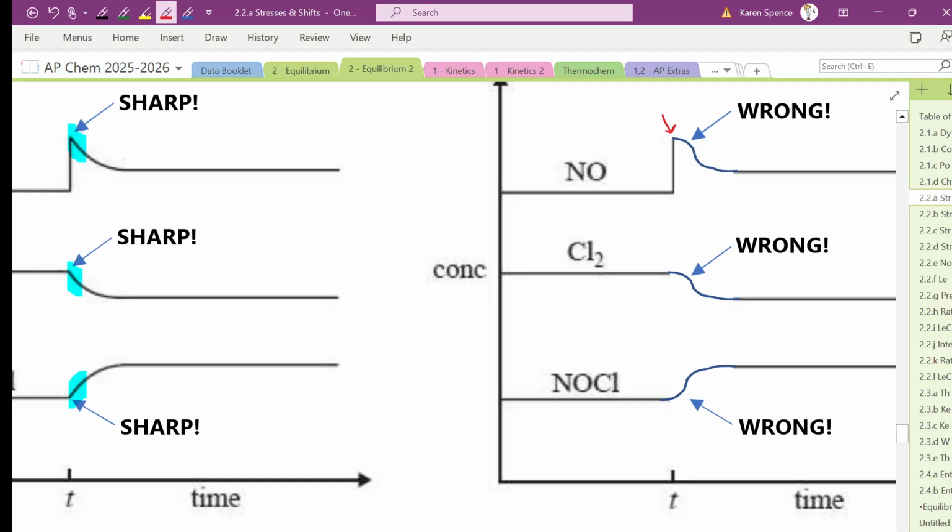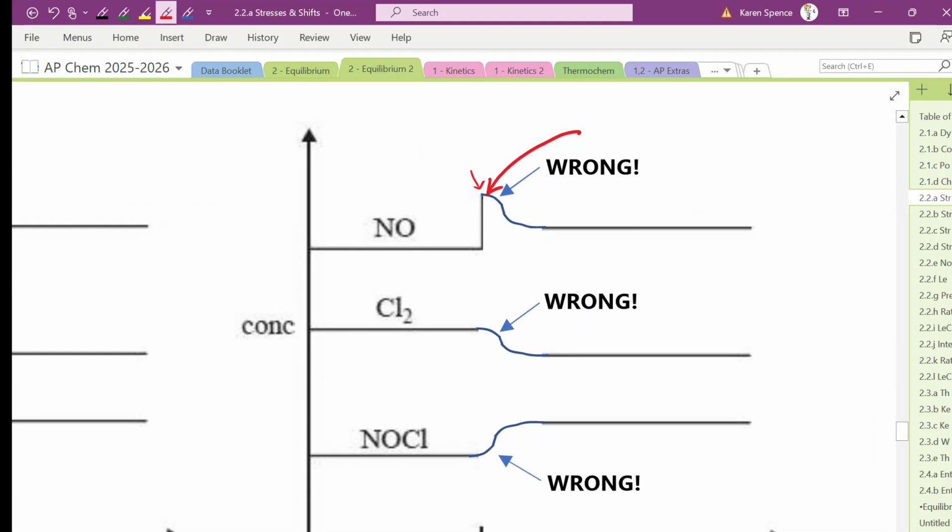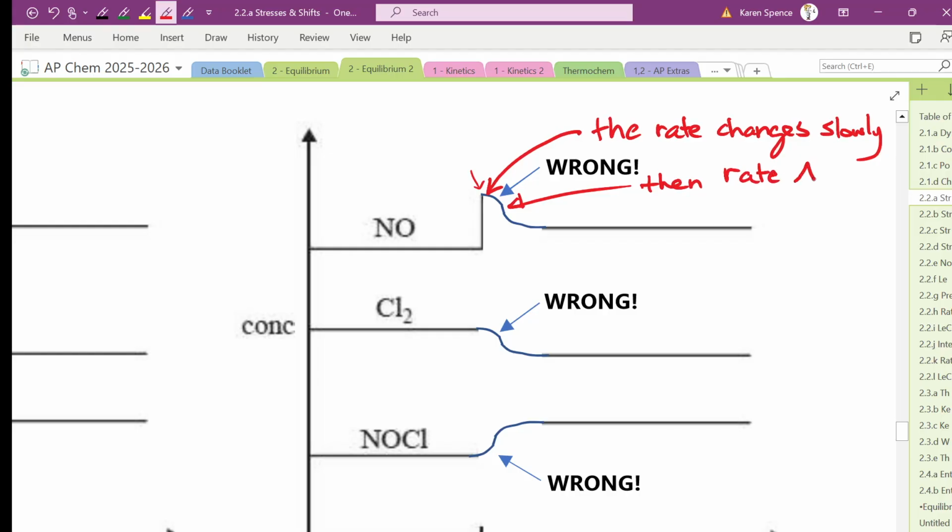Yes? Pardon me? They're curving in 2 directions. So what this is saying is the rate is changing slowly, then the rate changes quickly, then it changes slowly again.